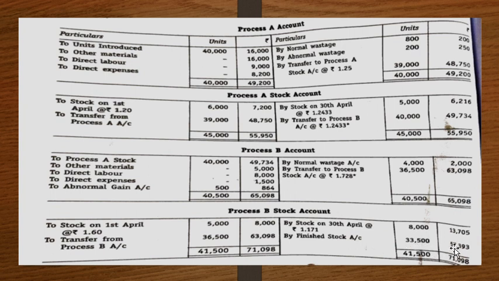In the amount column, the total of your input is 71,098, minus the closing stock value 13,705, which gives you 57,393. So 57,393 is the balancing figure for process B stock account.